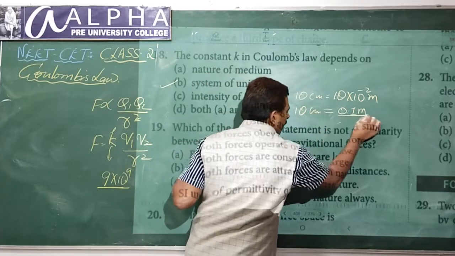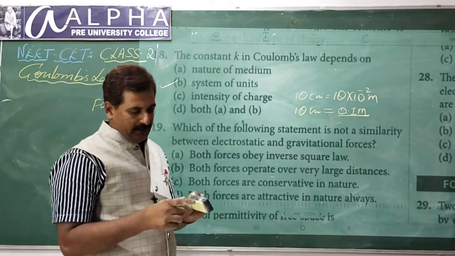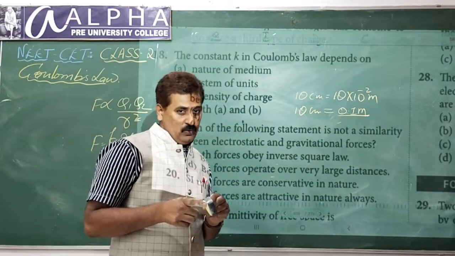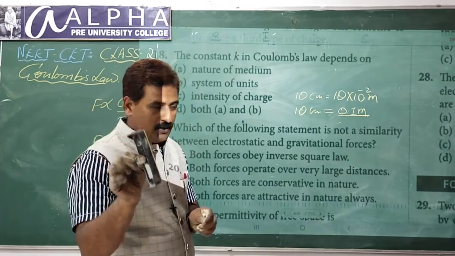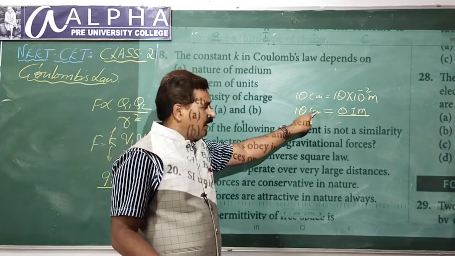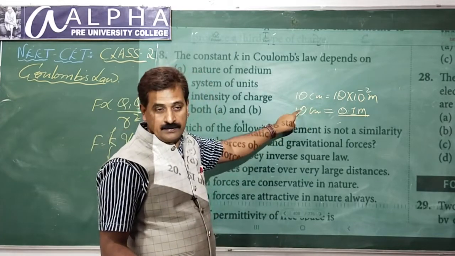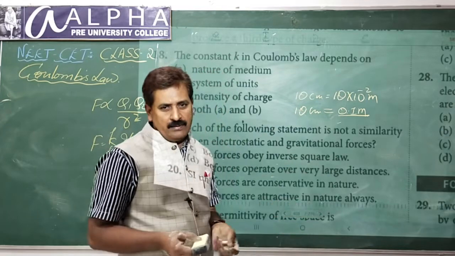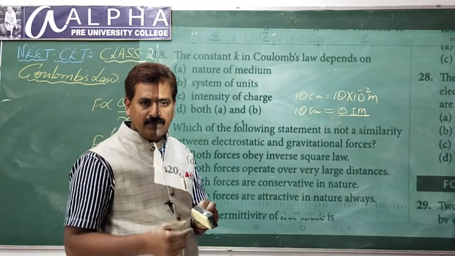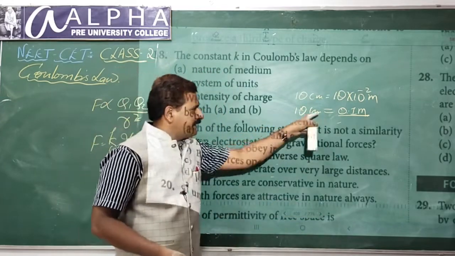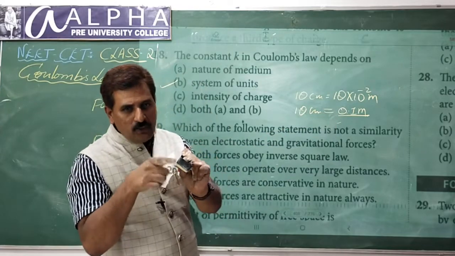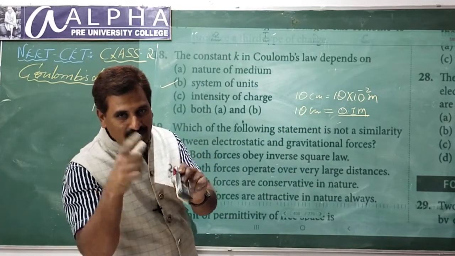If I say 0.1 meter, will the length get contracted? No. It remains the same. You are just changing the unit. In centimeter, 10 times. In meter, 0.1 times, that's it. But length remains the same. That's why if you move from one system to another, the length does not change.